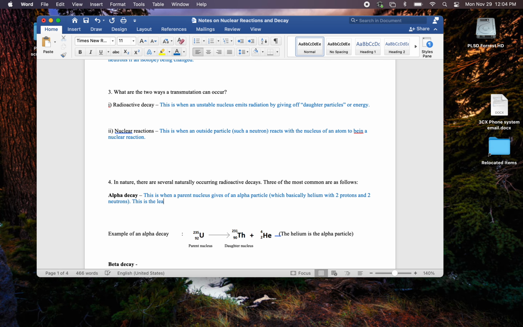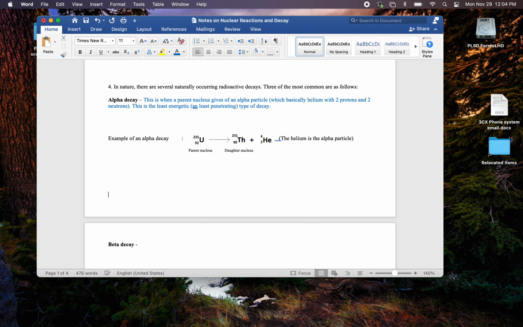This is the least energetic and least penetrating type of decay, meaning it can't penetrate your tissue very well. And I've got an example down here.